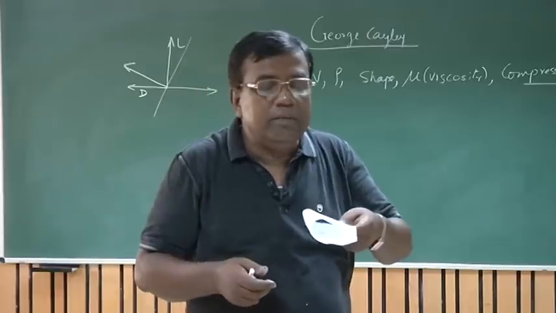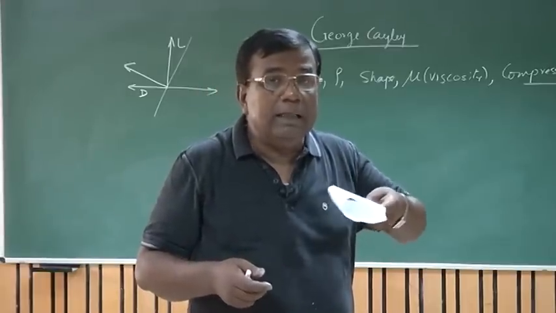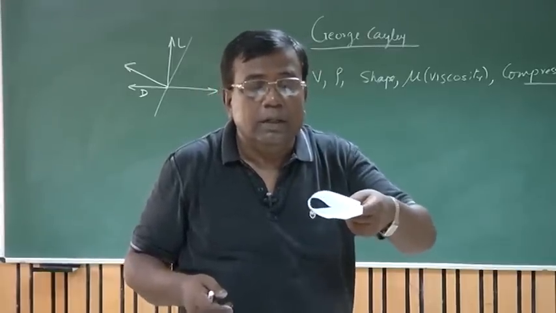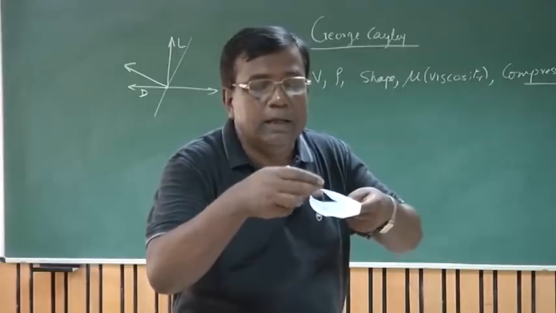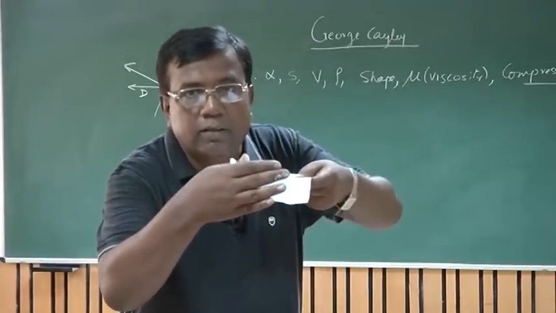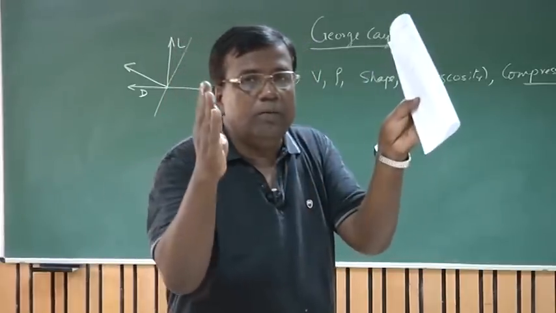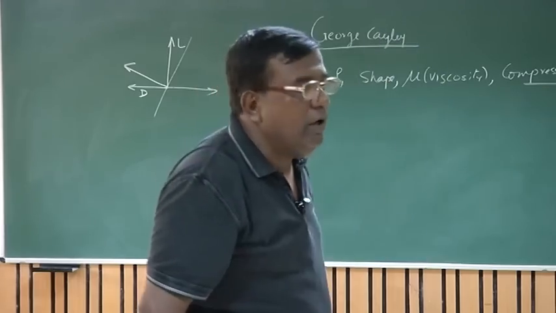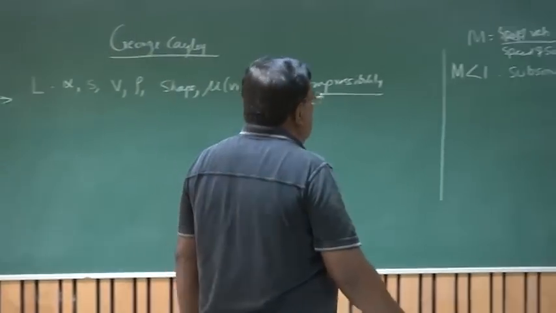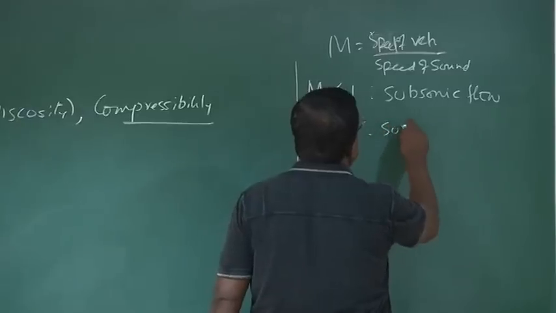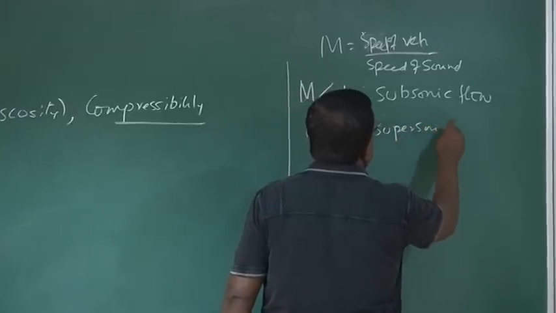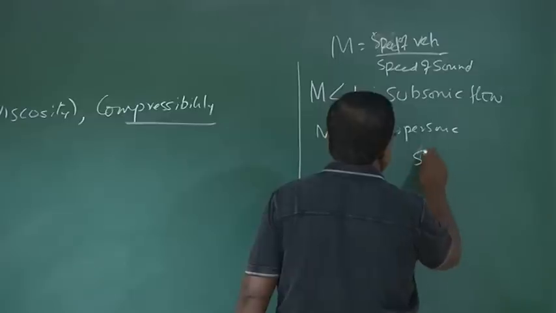But imagine if it is moving with a speed higher than the speed of sound, then before the next particles get displaced, the vehicle will crash into them. That is how the fluid particles get compressed, and we call it a supersonic flow. That is Mach greater than 1, and there we have shock waves.